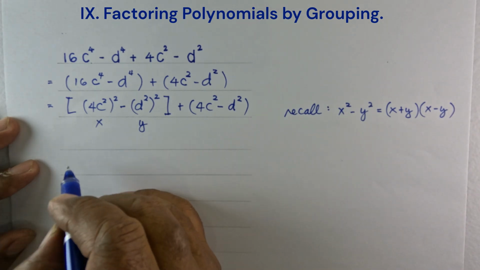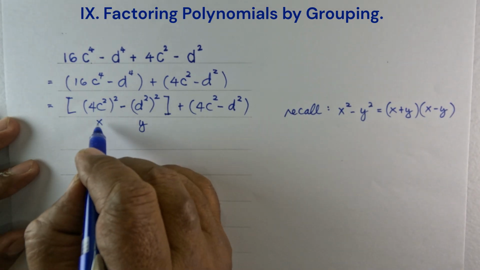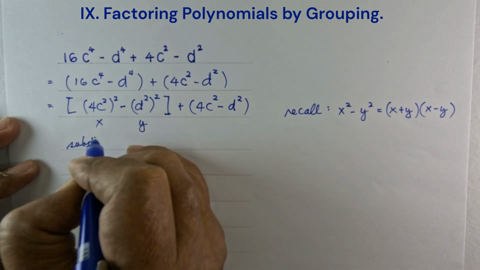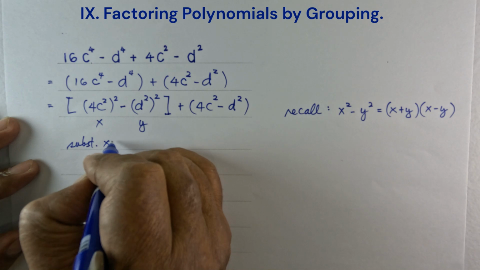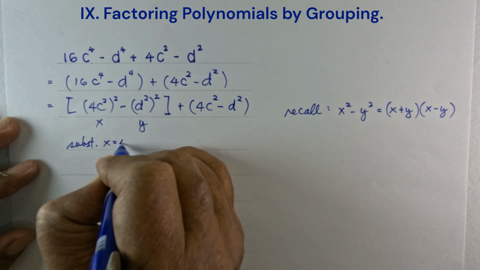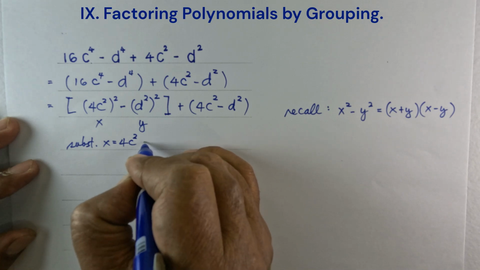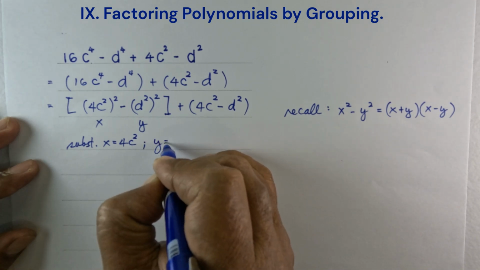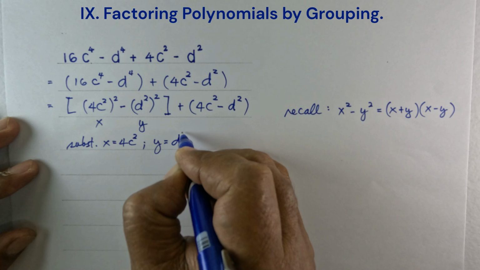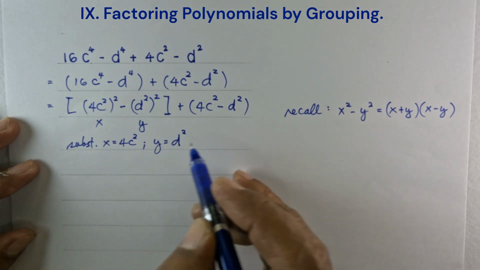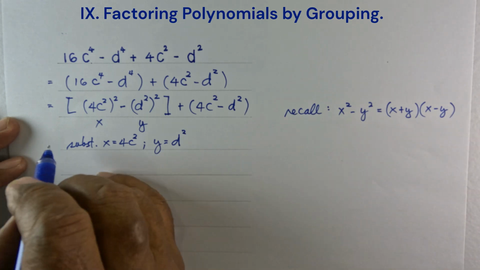Now, we're going to substitute the values. So right here, x equals 4c squared and y equals d squared. So we'll substitute x and y in this formula.